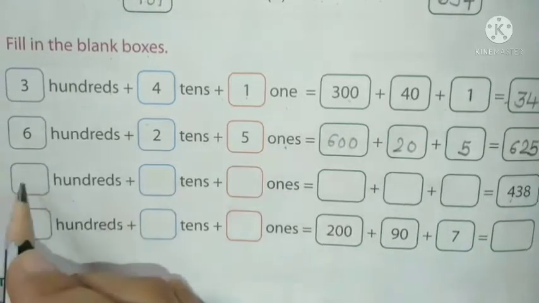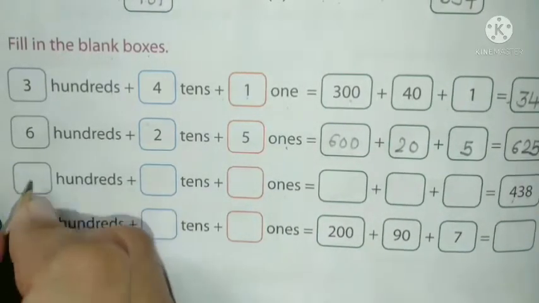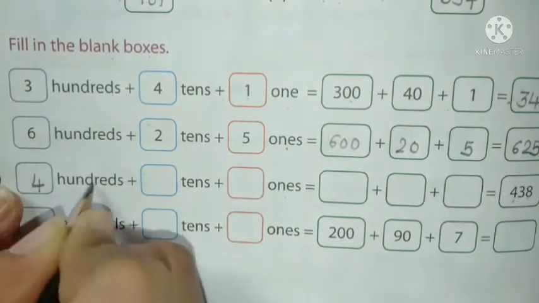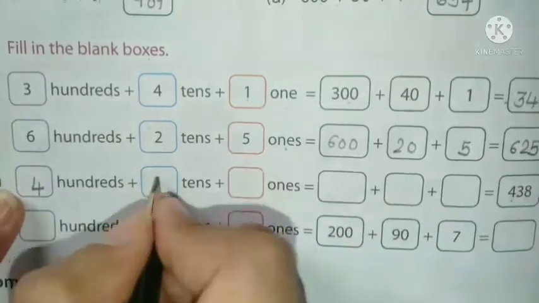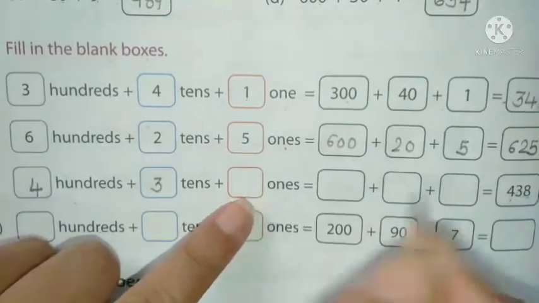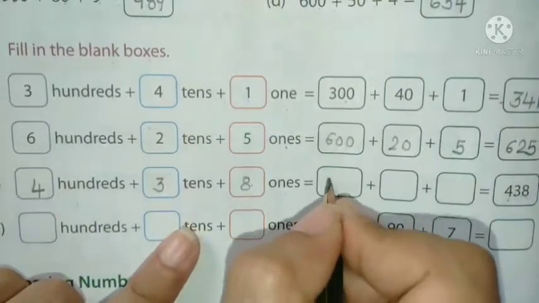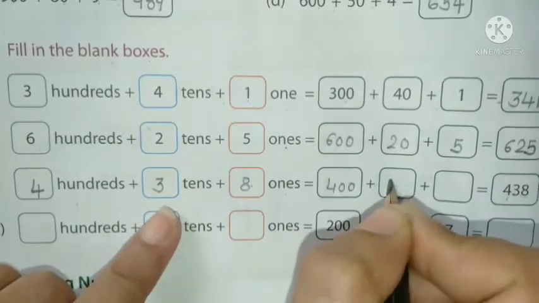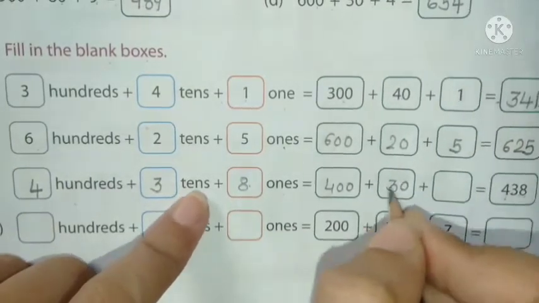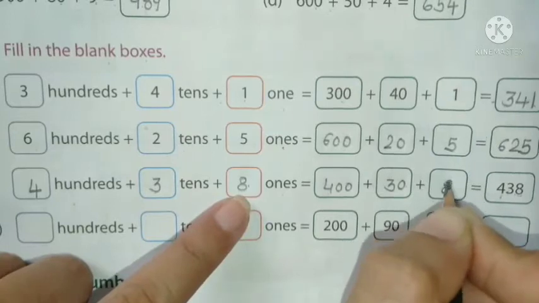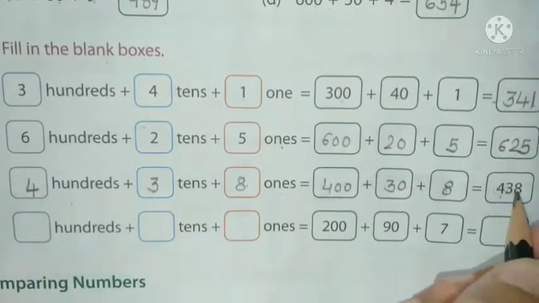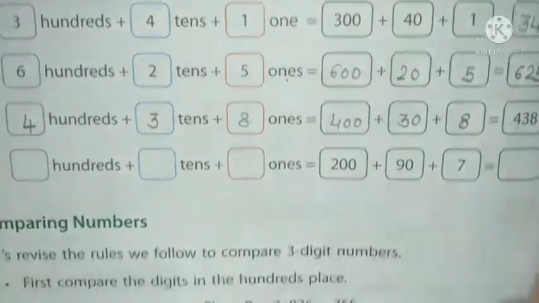So you have to expand this number. Okay. So how we will write? 400 plus 3 tens plus 8 ones. So 400 plus 30, 3 tens means 30 and plus 8. So 438.